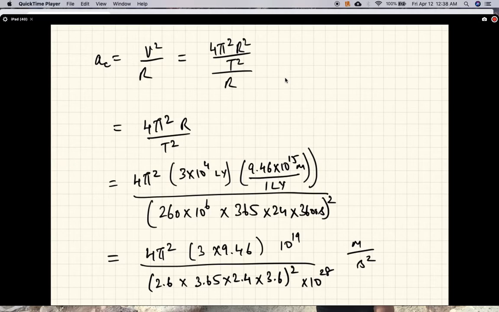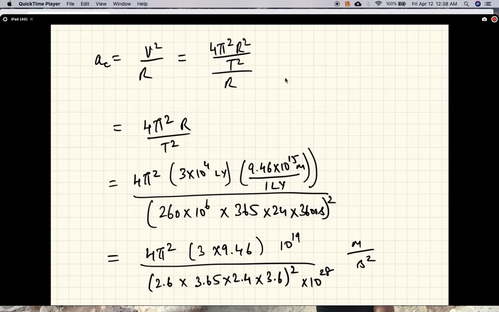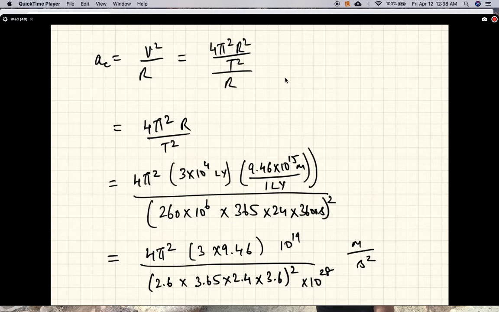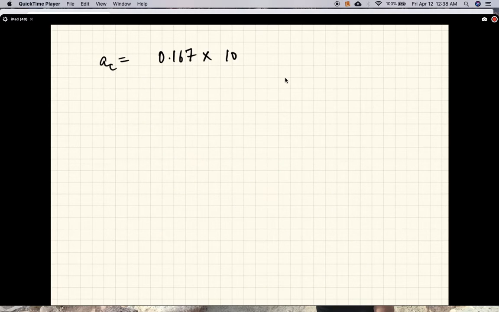And so the centripetal acceleration works out to 1.67, so it works out to 0.167 times 10 to the minus 28, so minus 9 times 10 to the minus 9 meters per second squared.